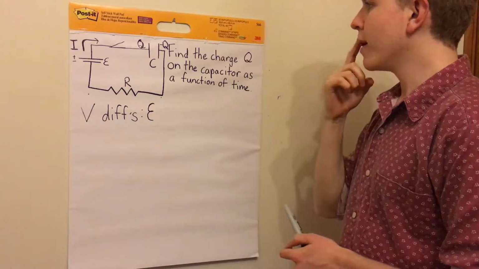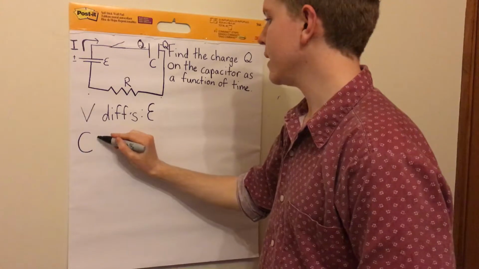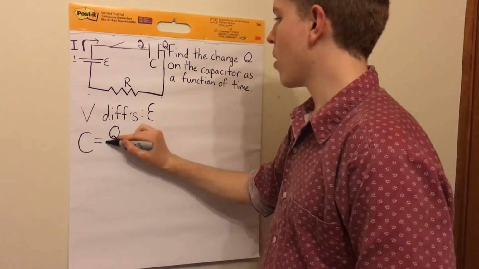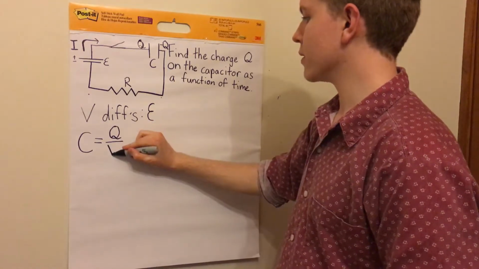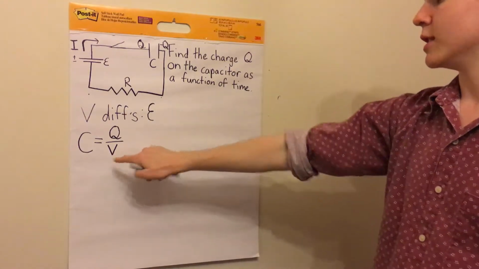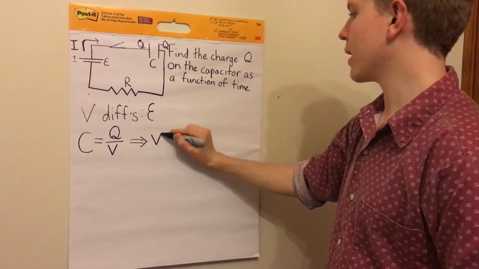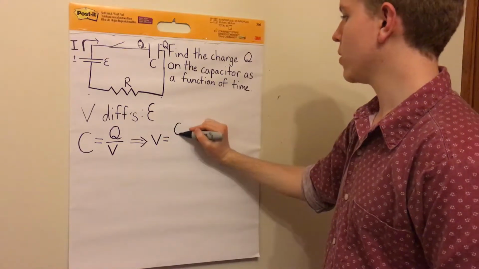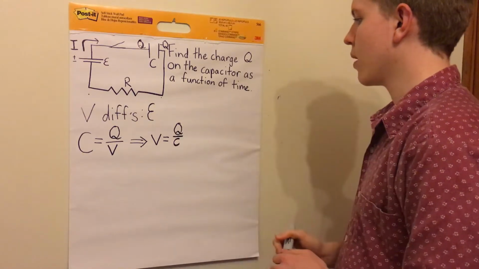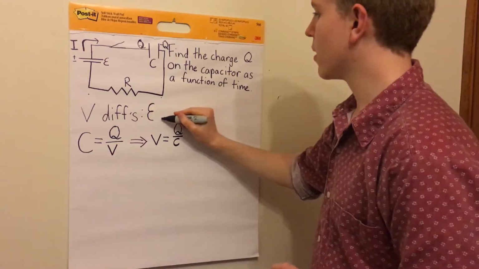Well, we know by the definition of capacitance that C equals the charge on the plates Q over the voltage difference V. So we can rearrange this equation to get V equals Q over C. And so that's the voltage difference across the capacitor. Let's write that in.